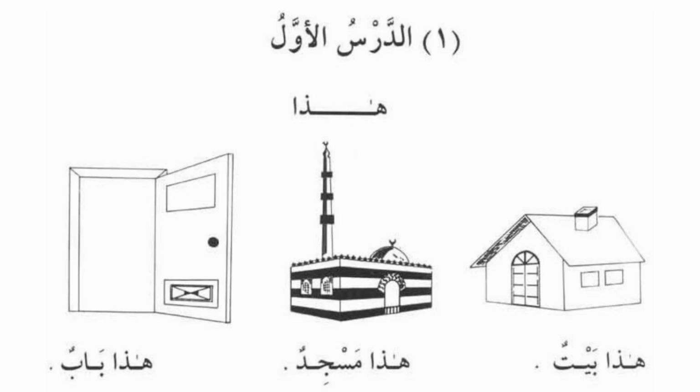When we say masculine item in the Arabic language, a masculine item is not restricted to a male only. So baytun, a house, masjidun, a mosque, babun, a door, and some other things are also considered masculine items in the Arabic language.